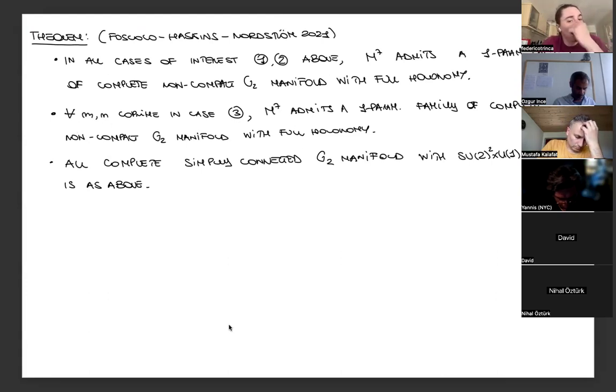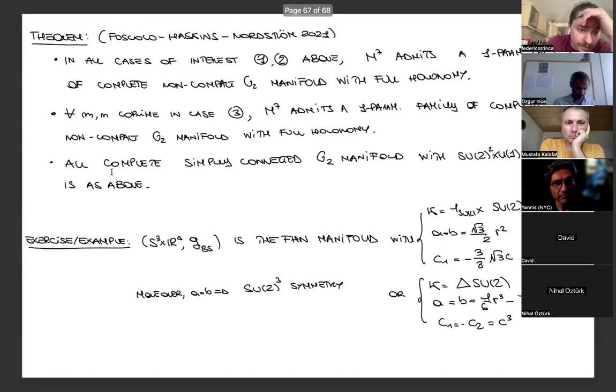And finally, all complete simply connected G2 manifolds with SU2 squared times U1 symmetry are constructed in this way. So, for instance, since I told you that Bryant and Salamon had SU2 cubed symmetry, it is an element of the FHN manifolds, and these are the data that you need to check that.